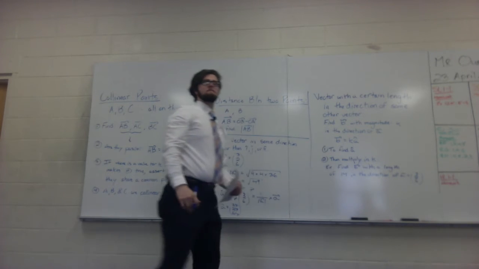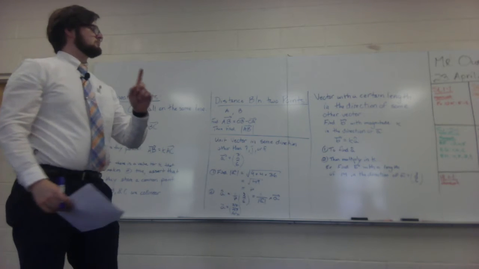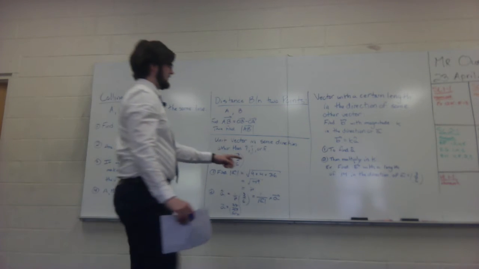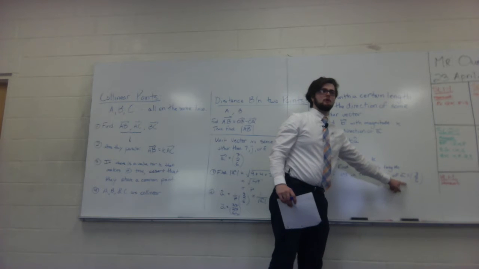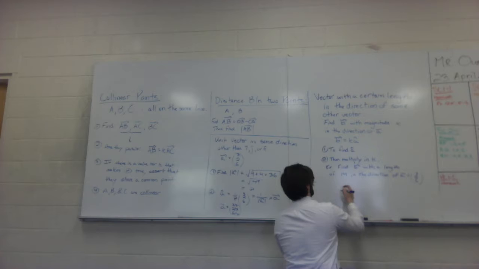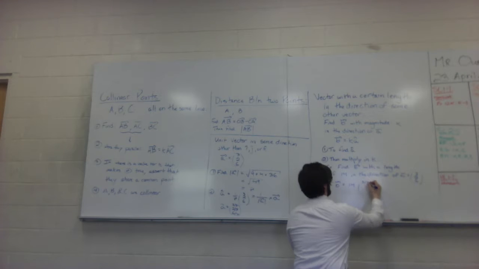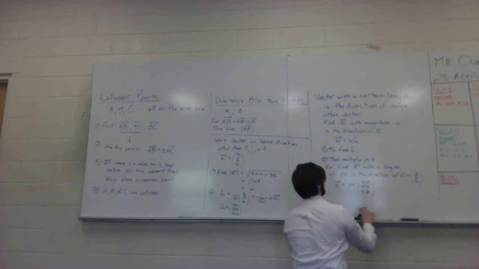Say B is equal to 14 times 3/7, 2/7, 6/7. We found the unit vector for A. We've already done that. And we wanted to have a length of 14. So B would equal 14 times 3 sevenths, 2 sevenths, and 6 sevenths.